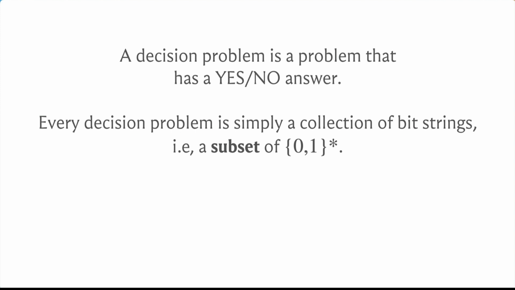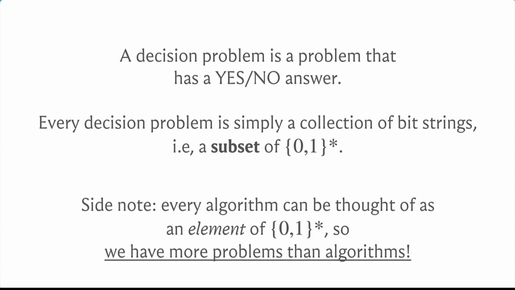So fix an arbitrary encoding of programs, pseudocode, or algorithmic ideas into bit strings, and you realize basically that every algorithm is actually just a bit string, right? If you have the proper mapping, then you can go back and forth between bit strings and algorithms. Not every bit string may correspond to a meaningful algorithm. Some bit strings are just garbage, but every algorithm corresponds to a bit string.